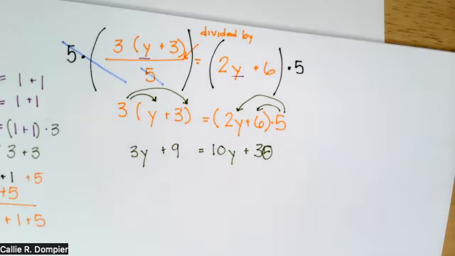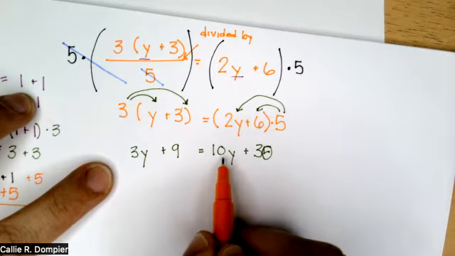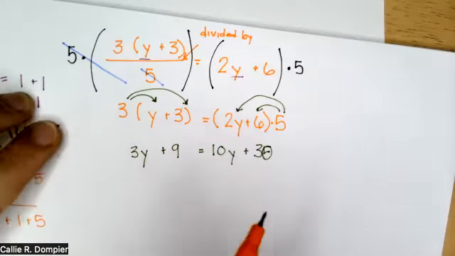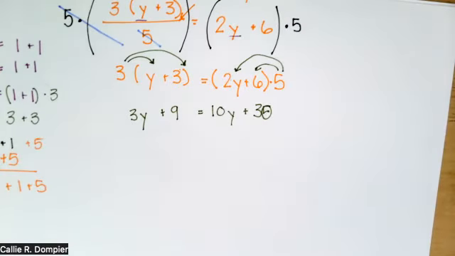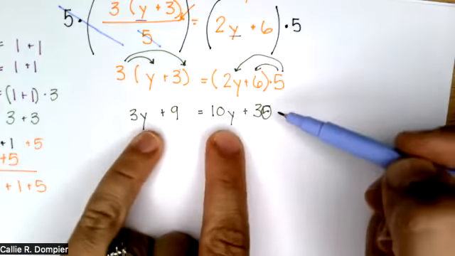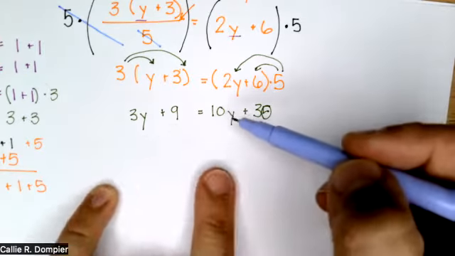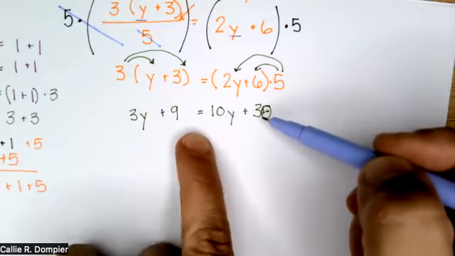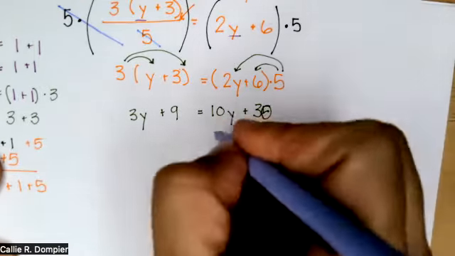It's generally easiest to find the biggest variable and move the variable that way so you don't get a negative variable. Or math teachers always move the variable to the left. So no wrong answer in this case. And the 10y is bigger than the 3y, and the 30 is bigger than the 9. So some number is going to be negative, right? I'm either going to be subtracting 10y or I'm going to be subtracting 30y. So it doesn't matter, okay?